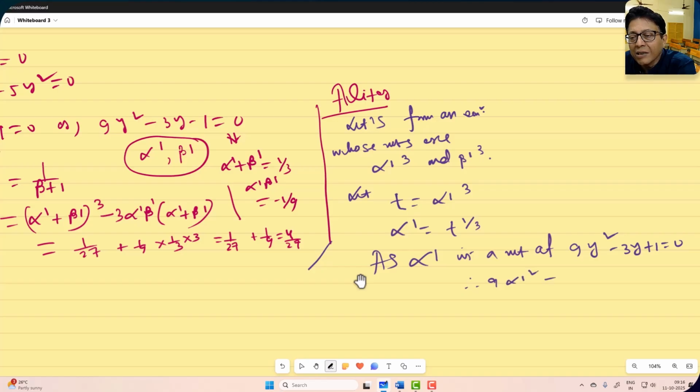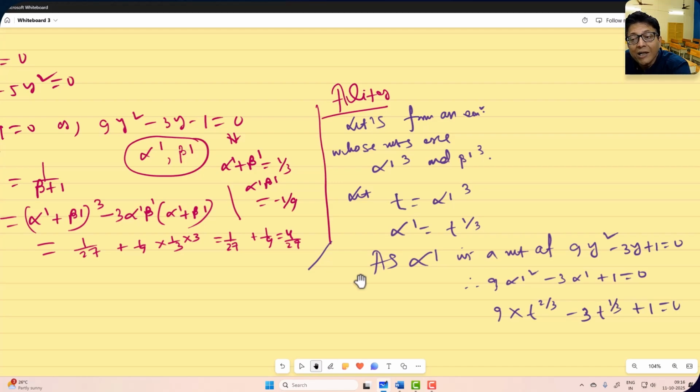So 9 alpha dash square minus 3 alpha dash plus 1 equal to 0. Okay. Now put alpha dash over there, but be careful. When you put alpha dash over there, the equation is going to be of this form: 9 t to the power 2/3 minus 3 t to the power 1/3 plus 1 equal to 0.